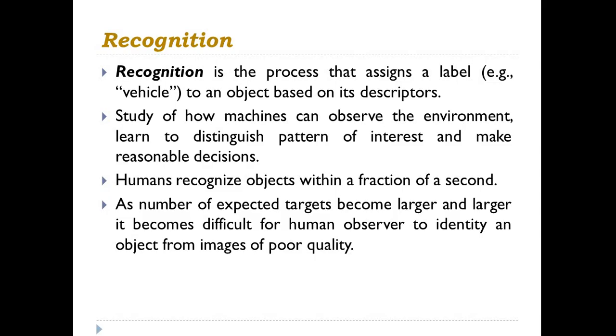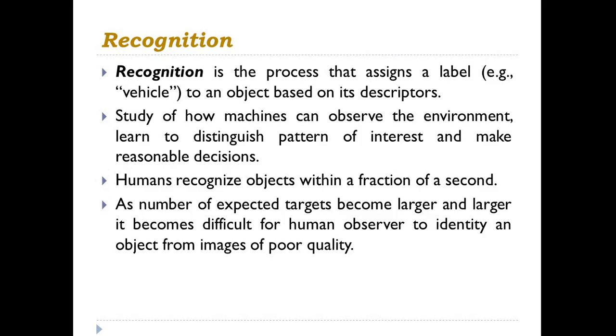Next one, recognition. Recognition is the process that assigns a label to an object based on its descriptors. It is the study of how machines can observe the environment, learn to distinguish patterns of interest, and make reasonable decisions. If we consider humans, they can recognize objects within a fraction of a second.